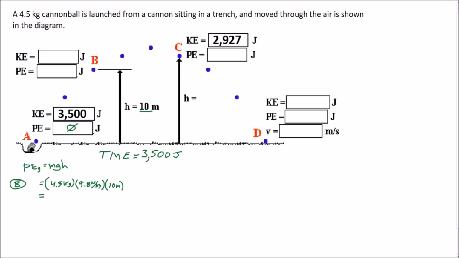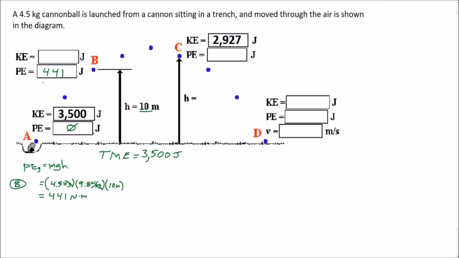When you multiply all those together, it turns out the potential energy is 441, and kilograms cancels out. We're left with newton meters, and a newton meter is a joule. So for our potential energy here, because we had our height and our mass, the answer is 441 joules.